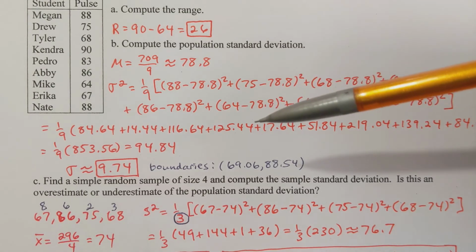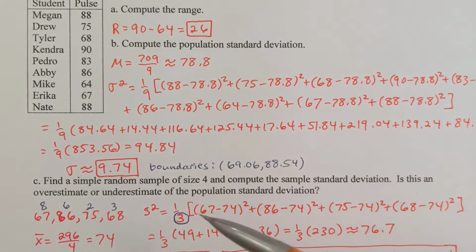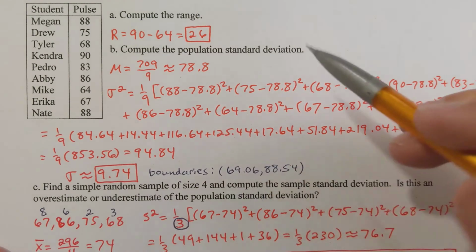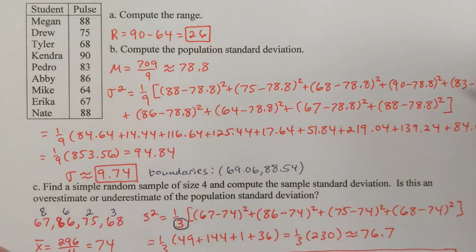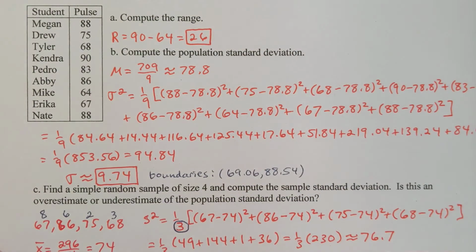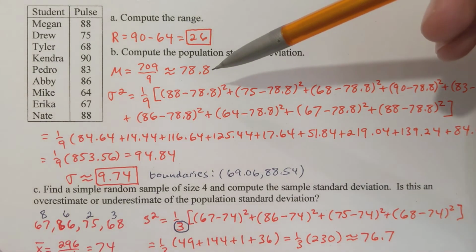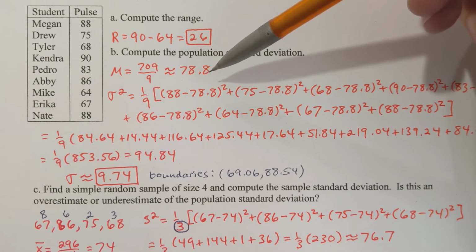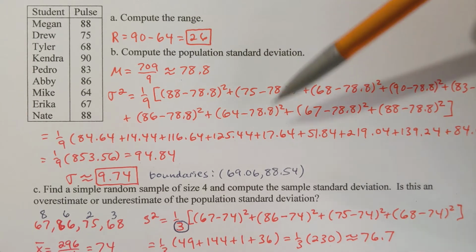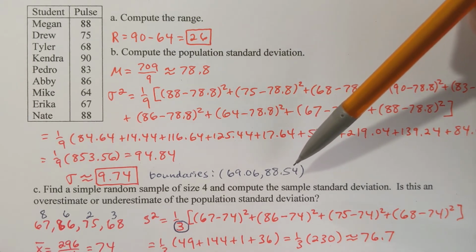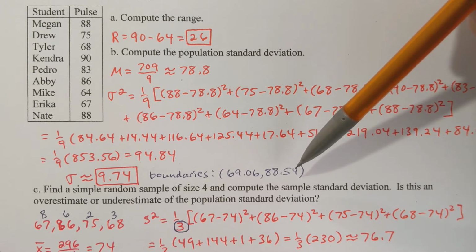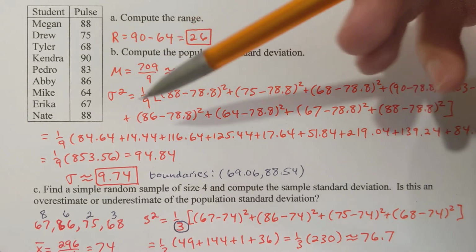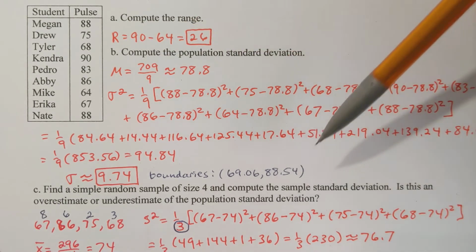And just to kind of tie this in with the boundaries, what this means is this is the average spread in all the values, all 9 of these values from the mean. So if you're sitting at the mean, 78.8, and you go 9.74 units to the right, that brings you to 88.54. Well, the biggest number that I had was 90.